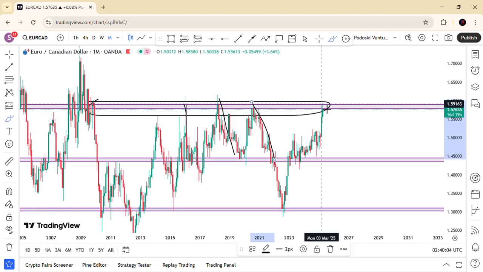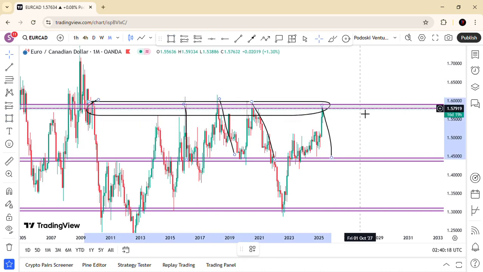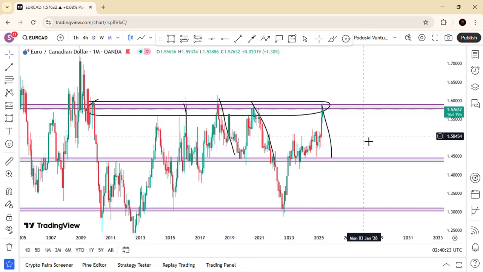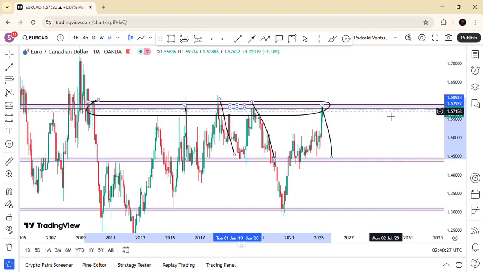So are we going to see the same selling pressure again on the monthly time frame? We don't know yet, but we have to wait, do a top-down analysis and find out if we are going to get the same selling pressure again.